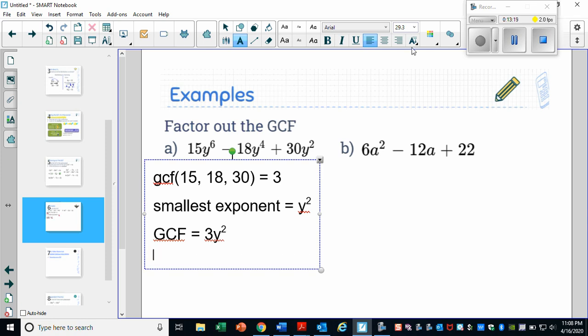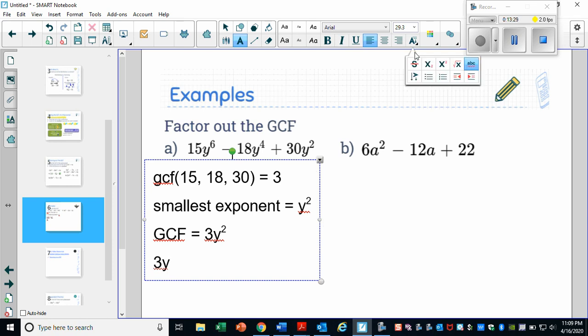The result of this problem should be 3y squared times, well, 15 divided by 3 is 5. And then y to the 6th divided by y squared is y to the 4th.